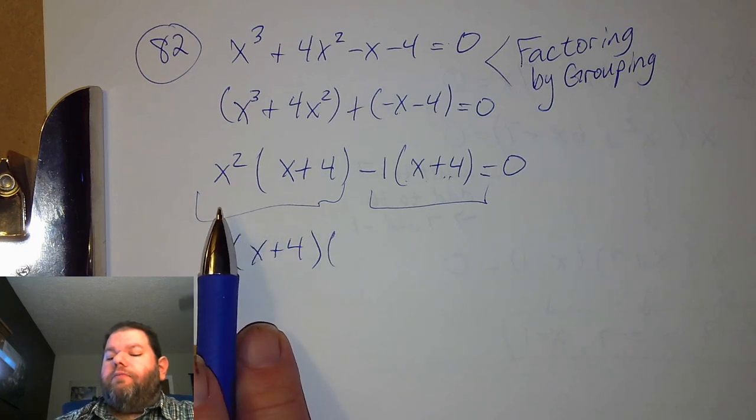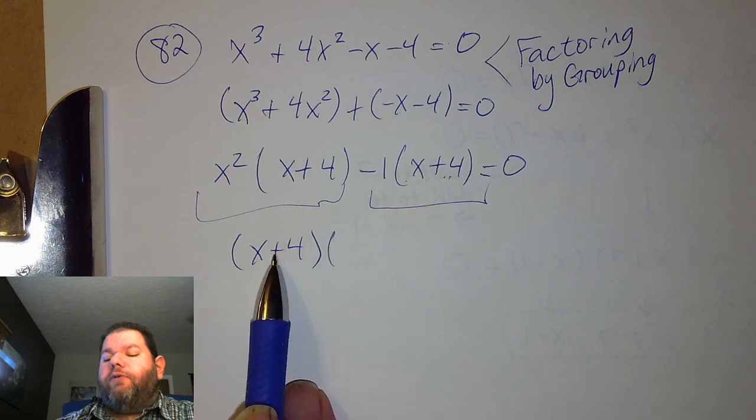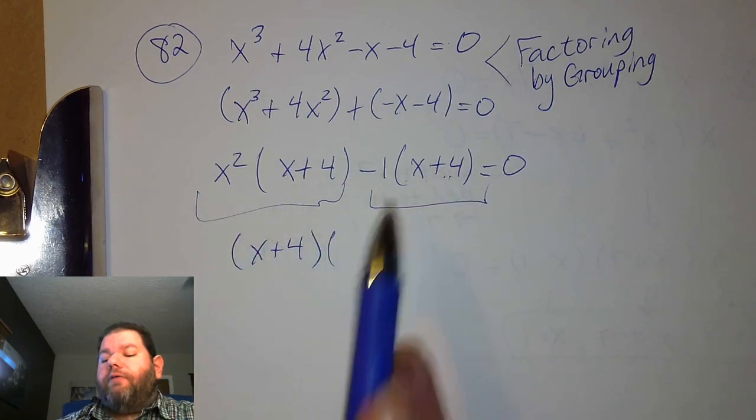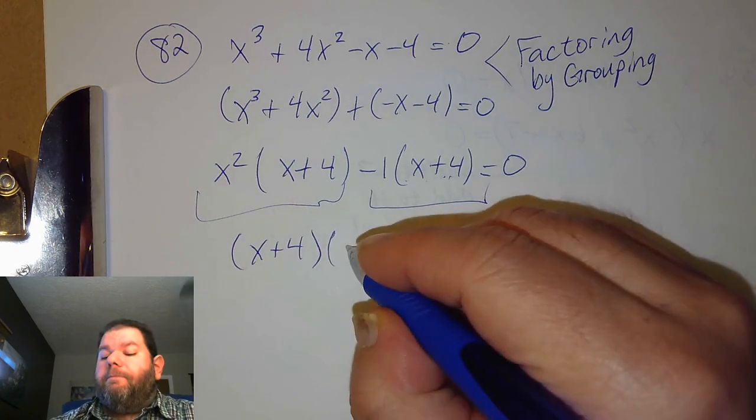So we took out the x plus 4 that was in parentheses from each of these terms, and what's left over? X squared minus 1.